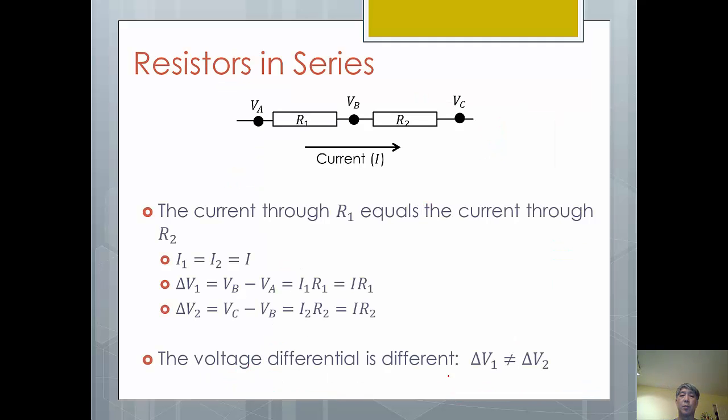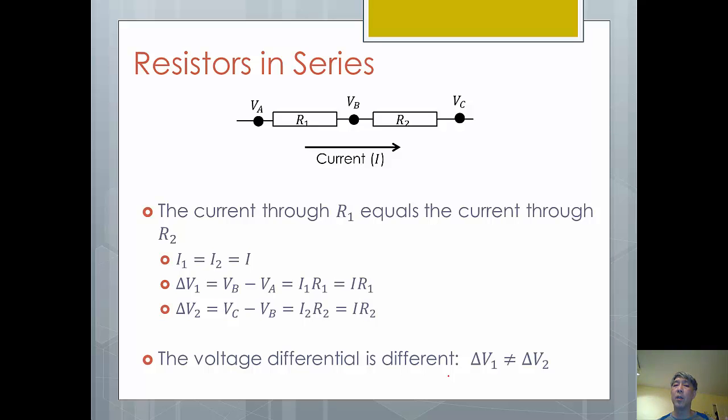Okay, a couple of concepts with resistors in series. The primary concept that you need to know for resistors in series is that the current through any set of resistors in series will be the same. This is a continuation of conservation of charge, because the electrons come in on one side and they must leave at the same rate on the other side.